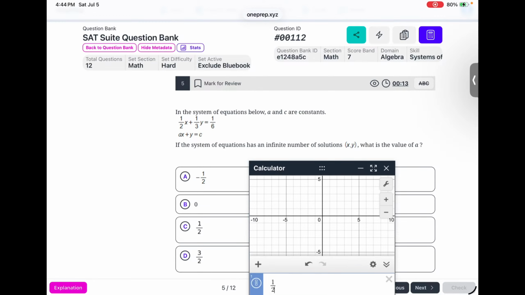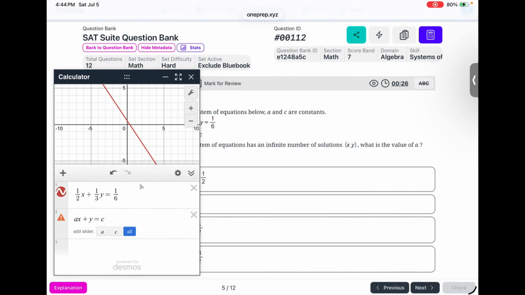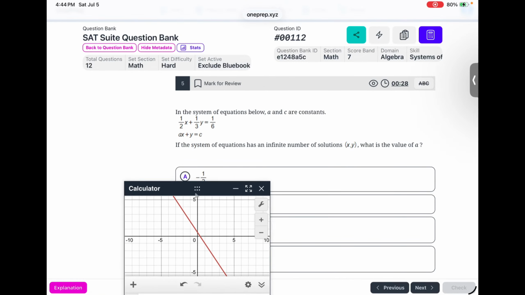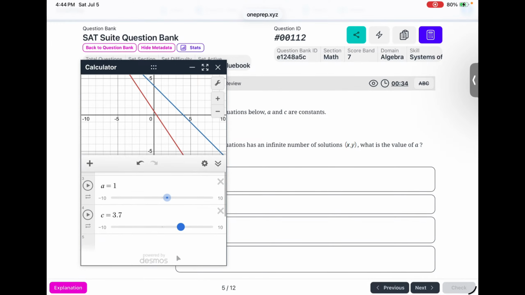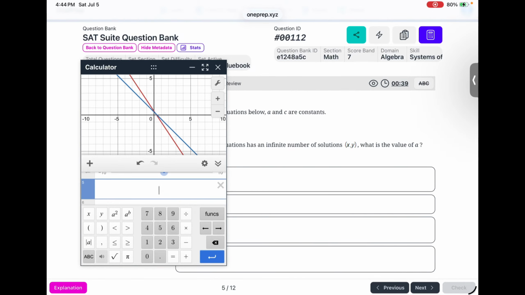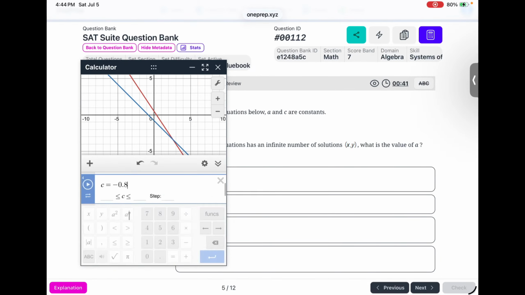1/2 x plus 1/3 y equals 1/6. Ax plus y equals c. I'm just gonna put in a slider for A. Oh, there's a c there. Let's put the c back to 0.